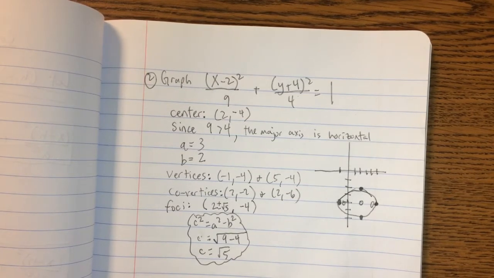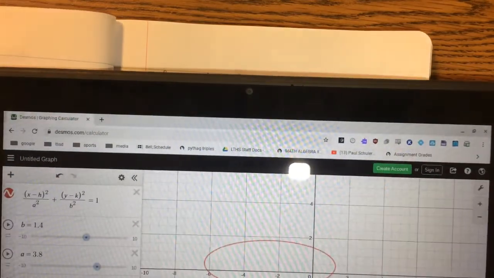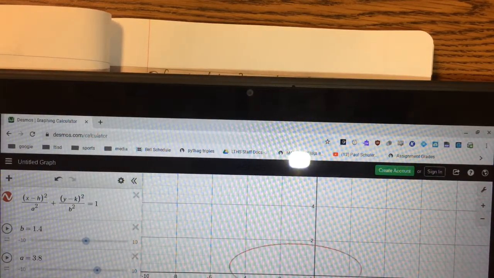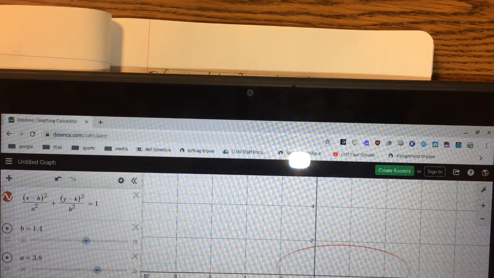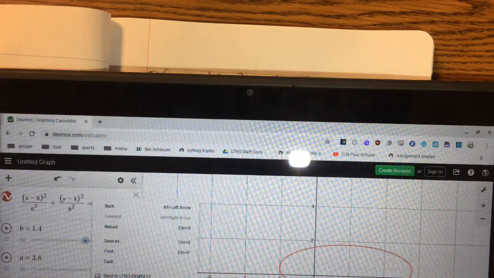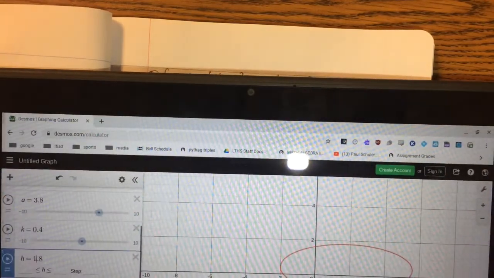So let's double check our work here in Desmos. In this case, the h is 2. I'm just going to drag this slider over. I don't have to type anything. Oh boy. Maybe I will just type it. Maybe that'll be easier.